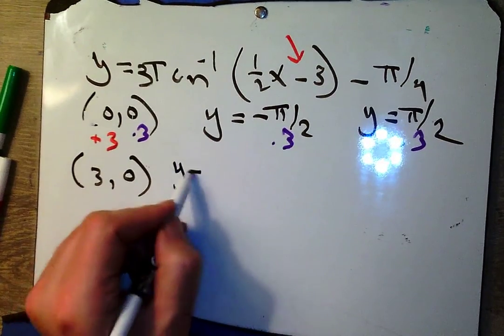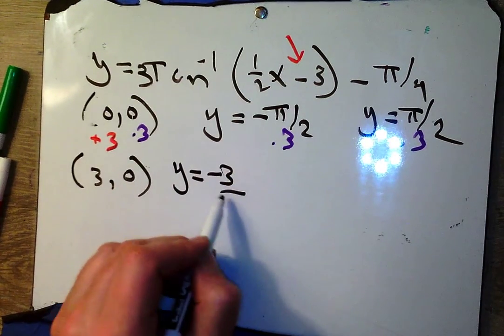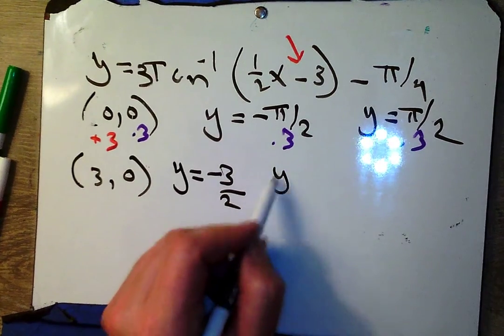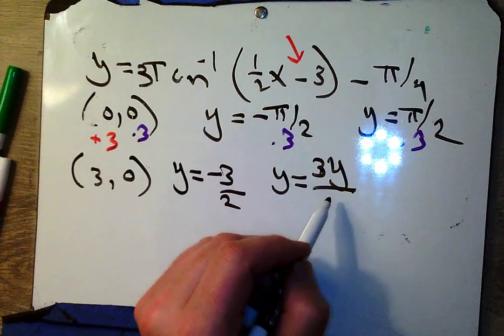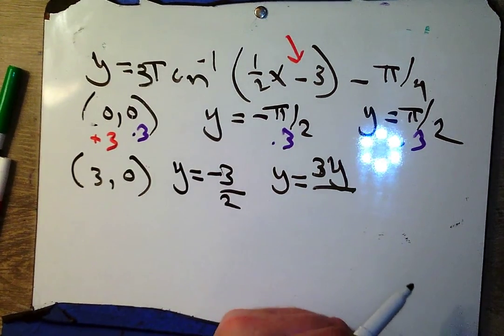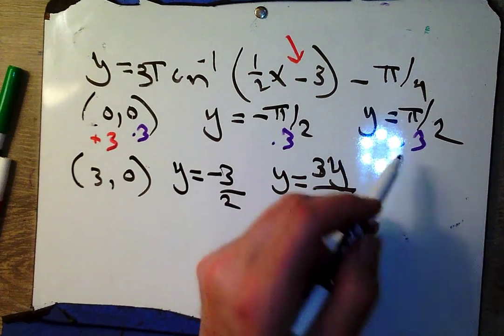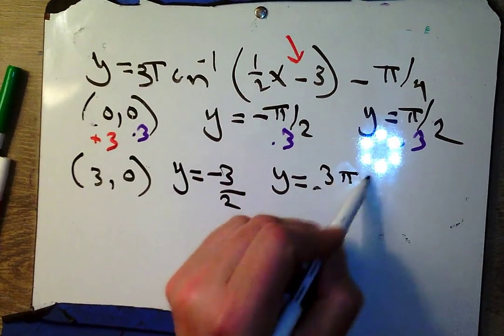Except now we've got y equals negative 3 pi over 2, and here we have y equals positive 3 pi over 2. Pi over 2 times 3 is 3 pi over 2.